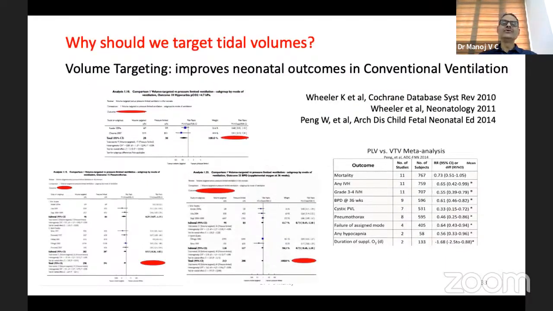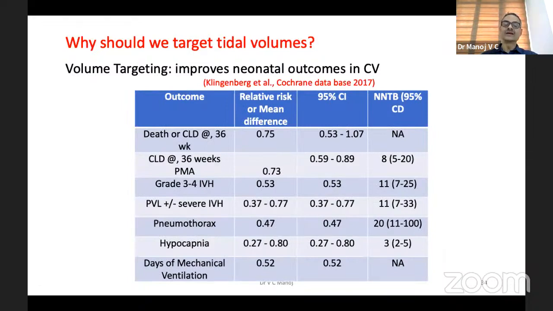Why should you look at targeting tidal volume as a superior mode? Well, we have seen in the previous lectures that volume targeting improves neonatal outcome in conventional ventilation. Studies are profound. All the short-term outcomes are better in volume targeting: CLD, IVH, pneumothorax, number of days of ventilation, the cost, everything is less if you target tidal volumes in conventional ventilation.